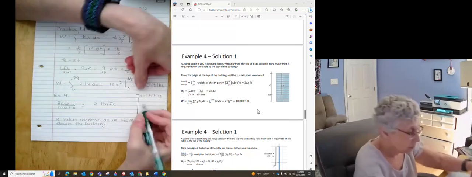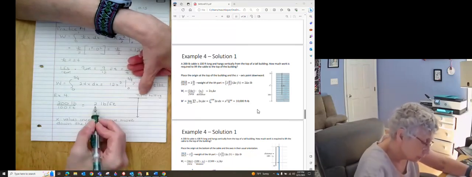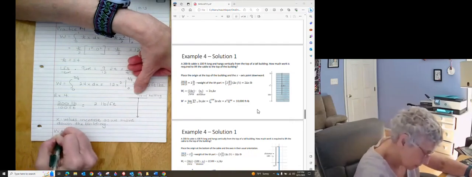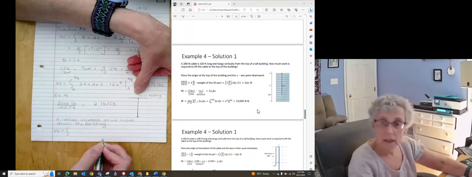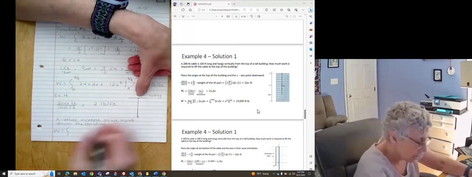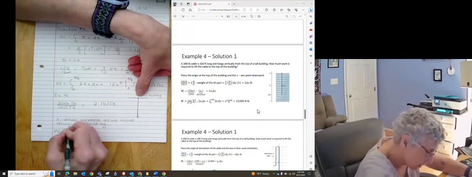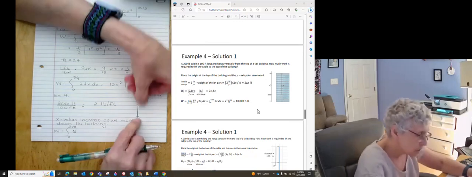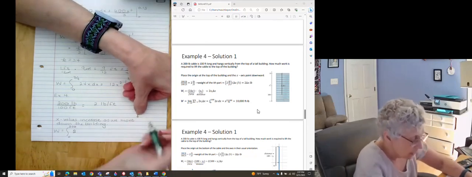So since the weight is equal to 2 pounds per foot, the work is going to be the integral from the bottom to the top, so 0 to 100, 2 times x.